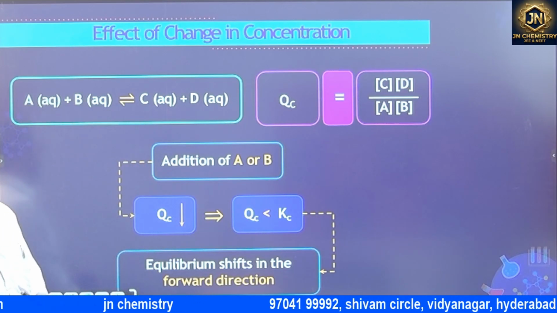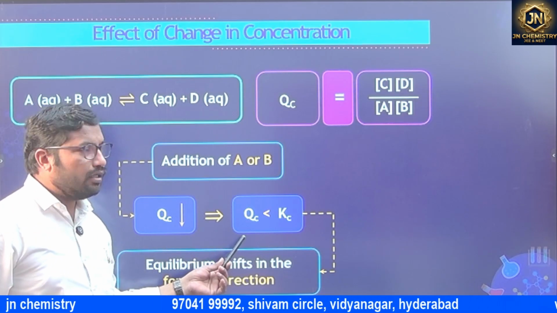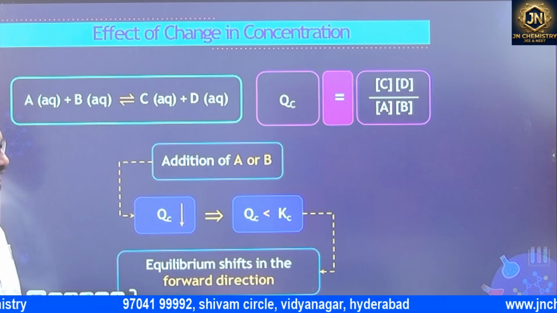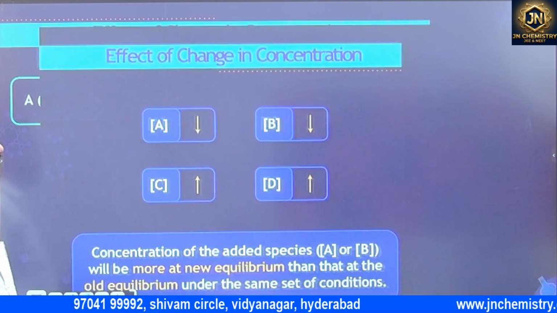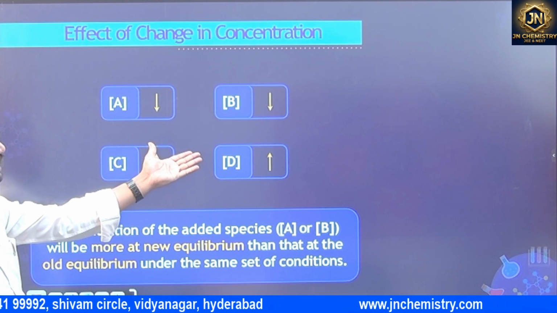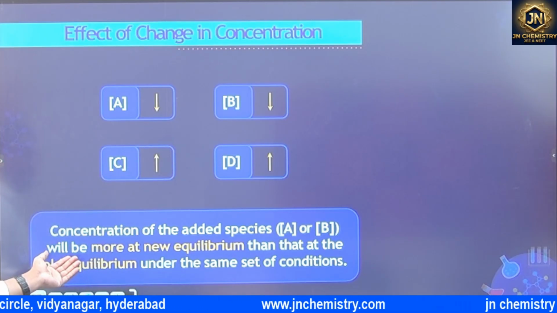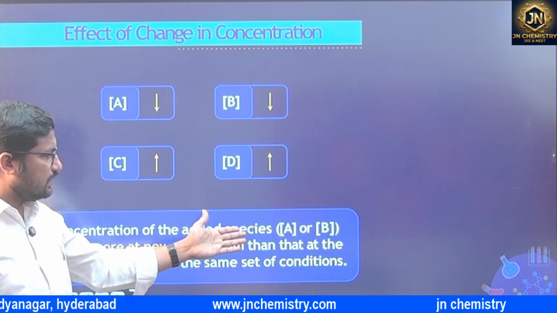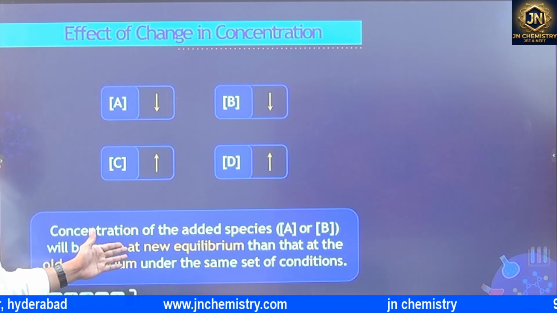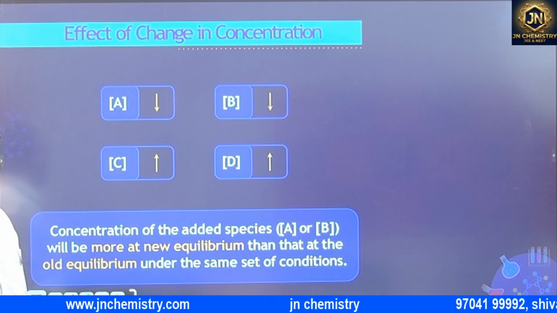Directly we can say this from the expression, otherwise by seeing the equation also we can tell. If the A and B concentrations decrease, automatically the C and D concentrations increase. So the concentration of the added species A and B will be more at the new equilibrium than at the equilibrium under the similar set of conditions.